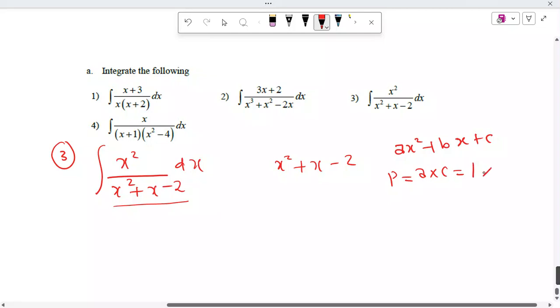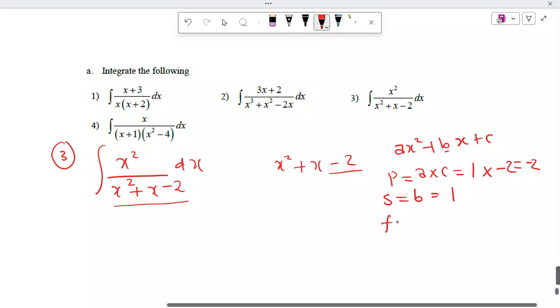So I just say 1 multiplied by c. This number you take with its sign, so negative 2. So the product is negative 2. The sum equals b, the coefficient of x, which is just 1.